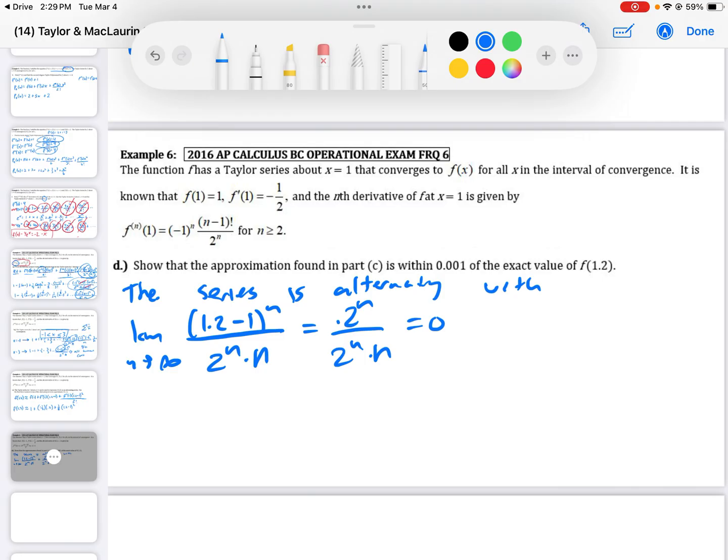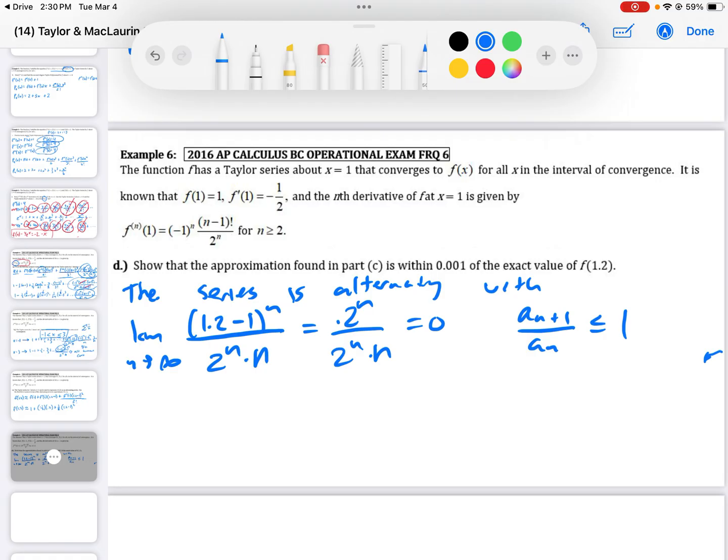The limit is equal to 0, and I've got to show that the series converges, right? I've got to show that the n plus 1 term over the nth term, non-increasing for it to converge, is less than or equal to 1. I'm just going to say that right now because I'm running out of time for the next class.